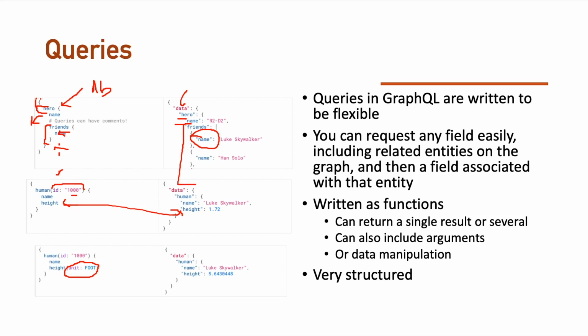And as you can see from this, it's very structured. So queries always start with these opening brackets and closing brackets. And then in here, we have the name of the query, which is hero. And then we have inside that what parameters we want to grab.